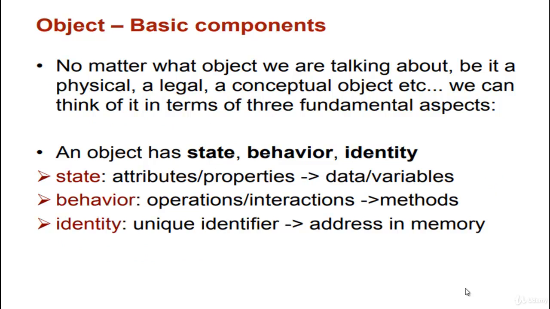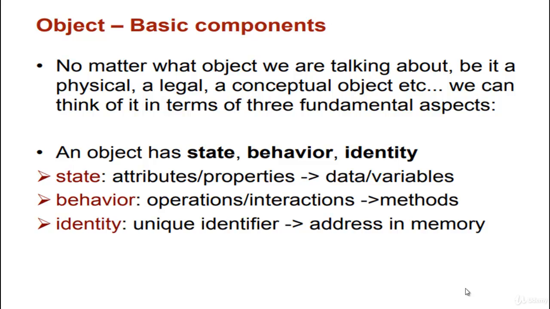No matter what object we are talking about, be it a physical, legal, conceptual object, etc., we can think of it in terms of three fundamental aspects. So let's see those aspects.